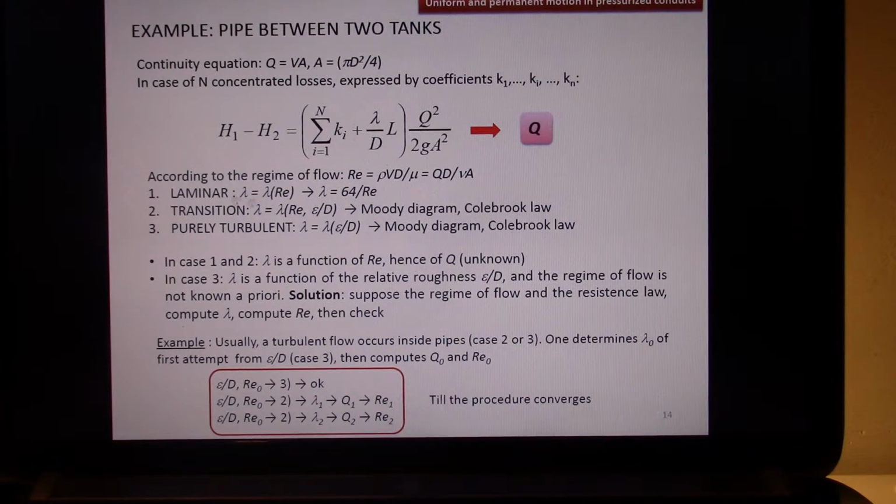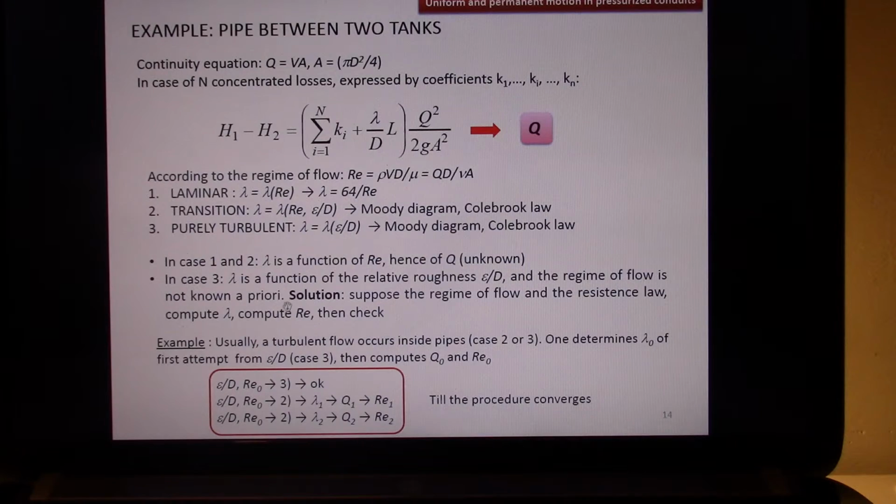While if I consider the purely turbulent flow, lambda is a function of the relative roughness epsilon over d, and the regime of flow is not known a priori. So usually what one does is to suppose the regime of flow and the resistance law, then one computes lambda, computes Reynolds, computes Q, and then checks what it means. So let's try to see it with an example.